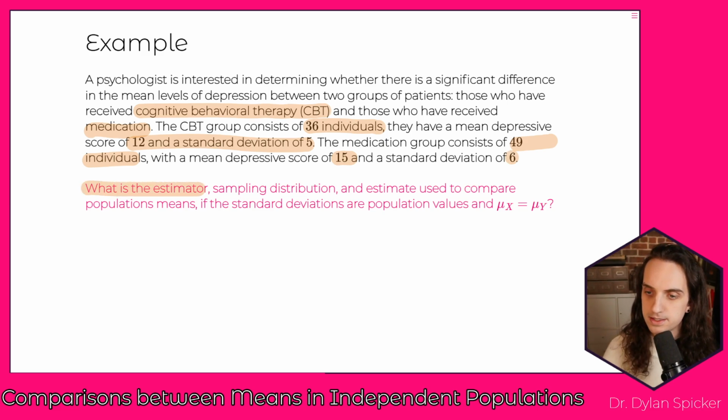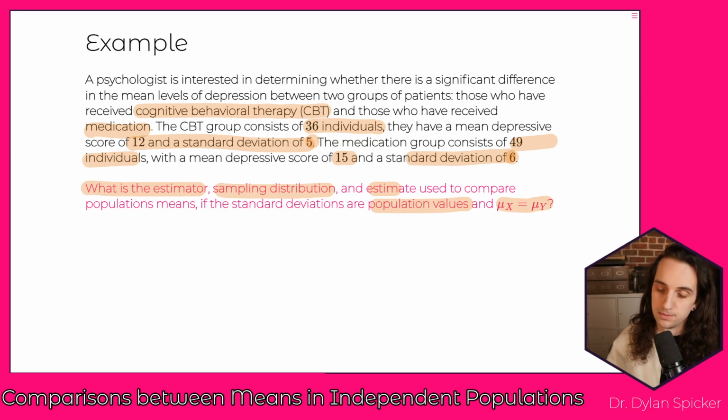Now, what we want to write down here is the estimator, sampling distribution, and estimate used to compare the population means, if the standard deviations are population values, right? So if we have the standard deviation of 6 being sigma, and same thing with the standard deviation of 5 here being a sigma. And what we are expecting is that mu x is equal to mu y. Okay, and so let's write down all of the information that we've been given here.